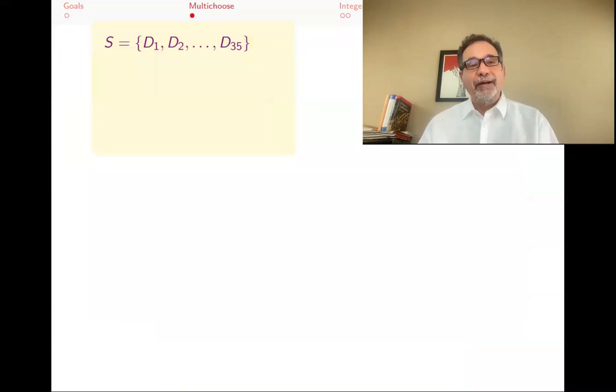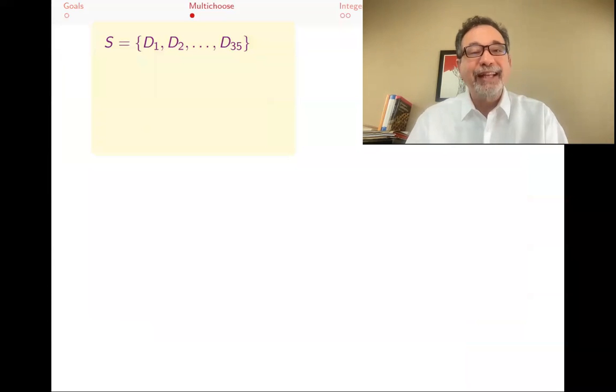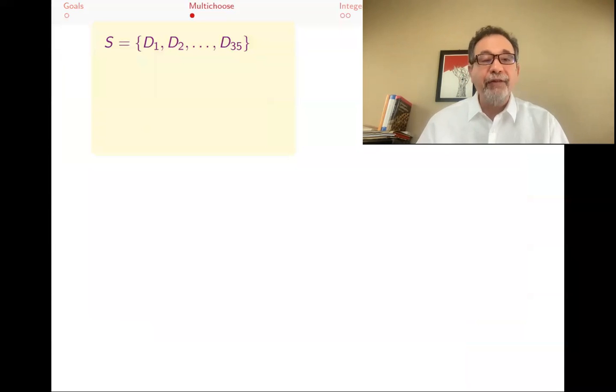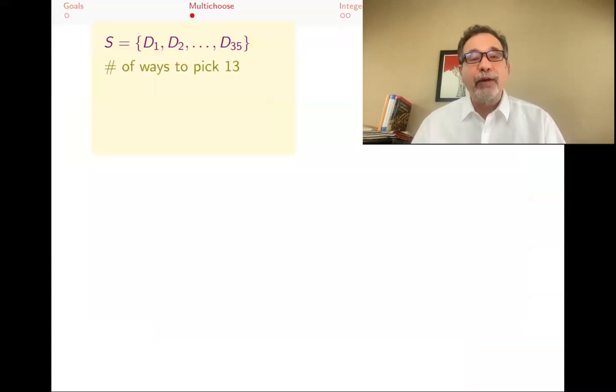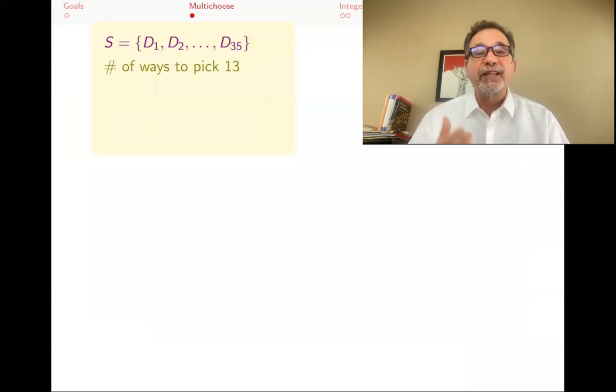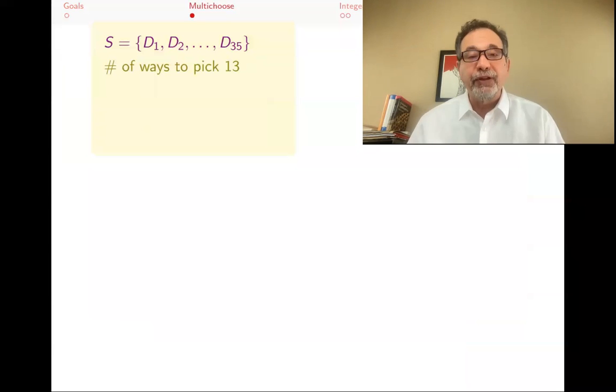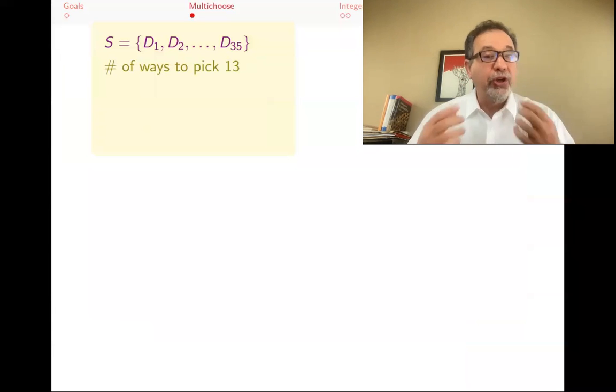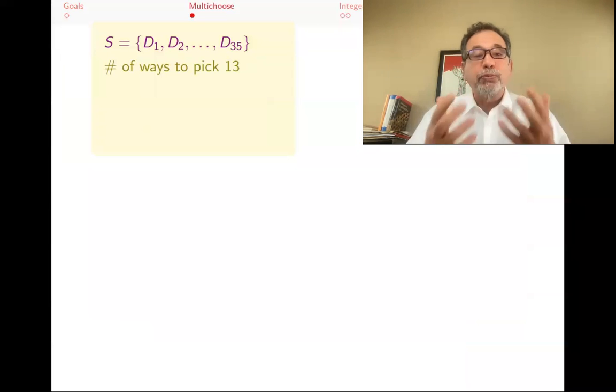Okay, so let's say we had a set with 35 types of donuts, D1 through D35. And if I asked you how you would pick a subset of size 13 out of this set, here's when repetition is not allowed, just picking 13.